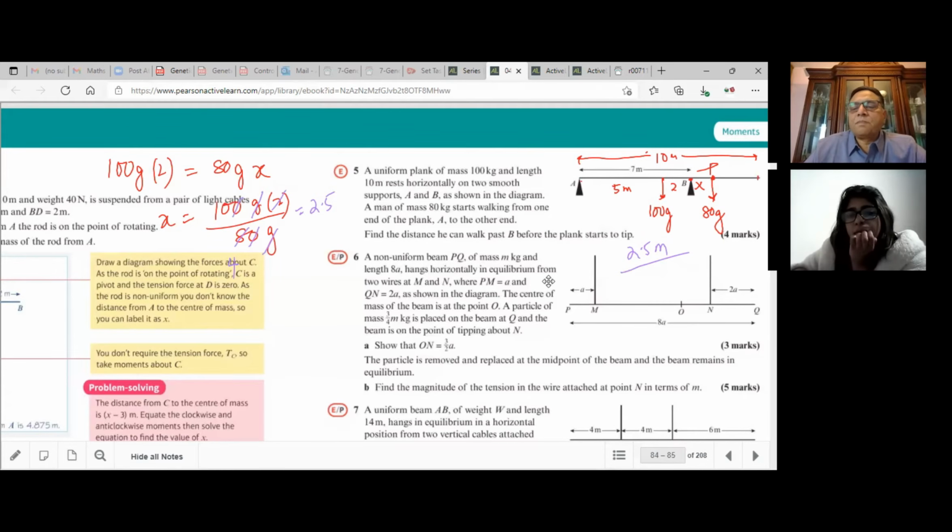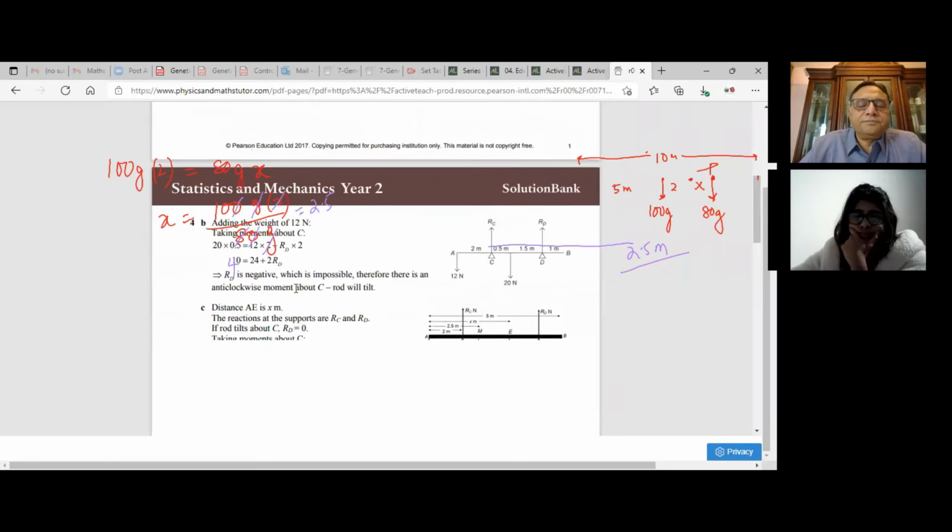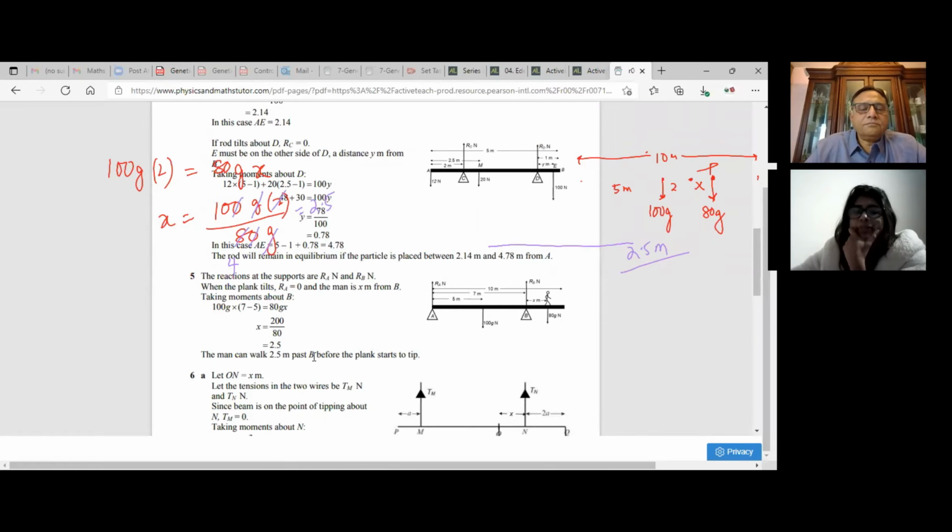They have to be equal because at this point it tilts. So the person can go a maximum of 2.5 meters from B. Find the distance past B before the plank starts to tip: 2.5 meters from B. I think that's clear.